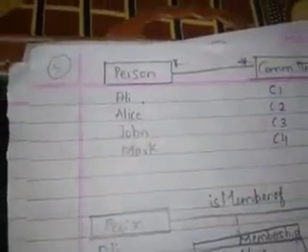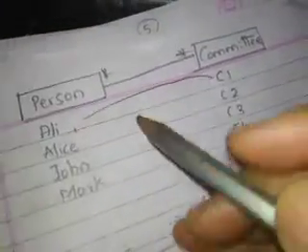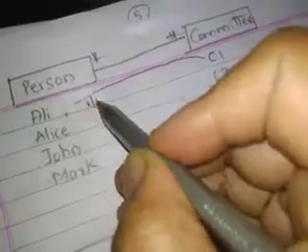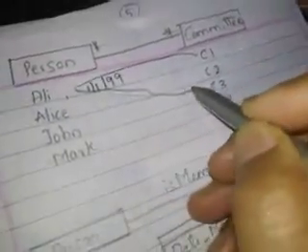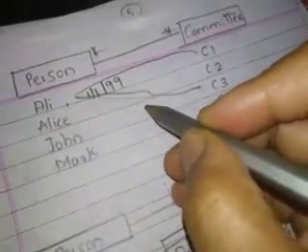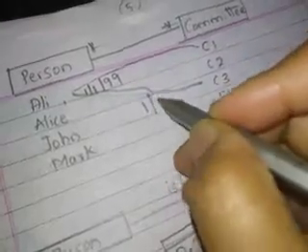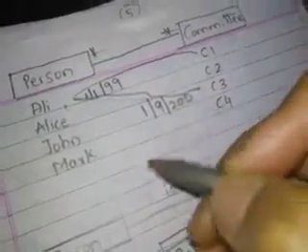So if I say Ali has become a member of committee C1 on 1st January 99, and he might have become a member of committee C3 on 1st September 2000.